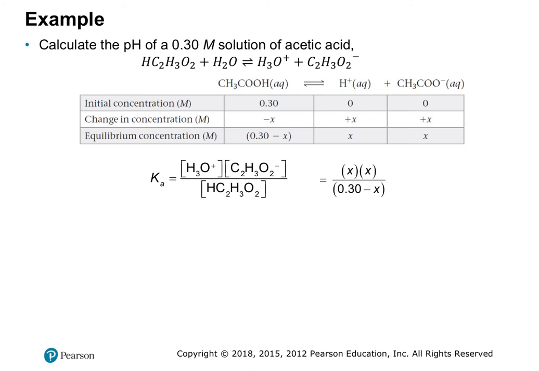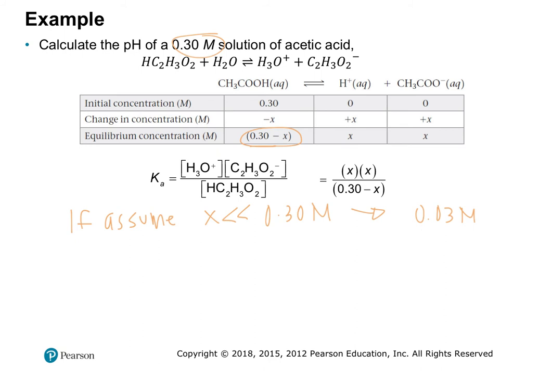Now if the K is pretty small, like significantly smaller than our initial concentration, then we can make the assumption that x is negligible for our subtraction here. So if we assume x is way smaller than 0.3 molar here, then this subtraction turns into just 0.3 molar at equilibrium.